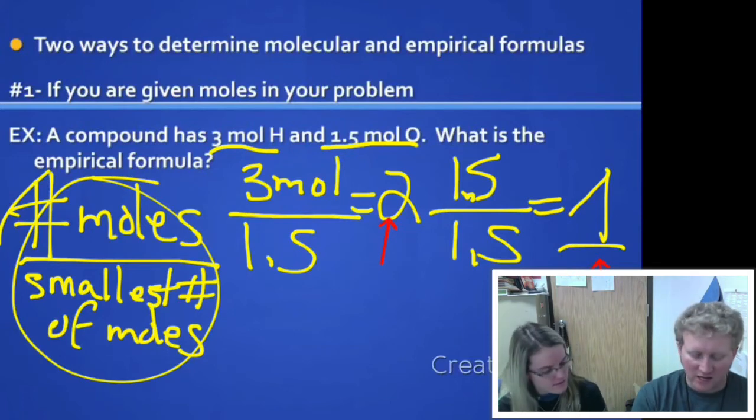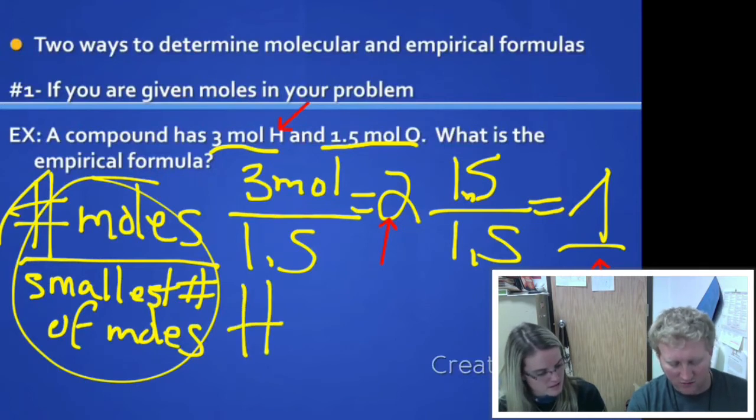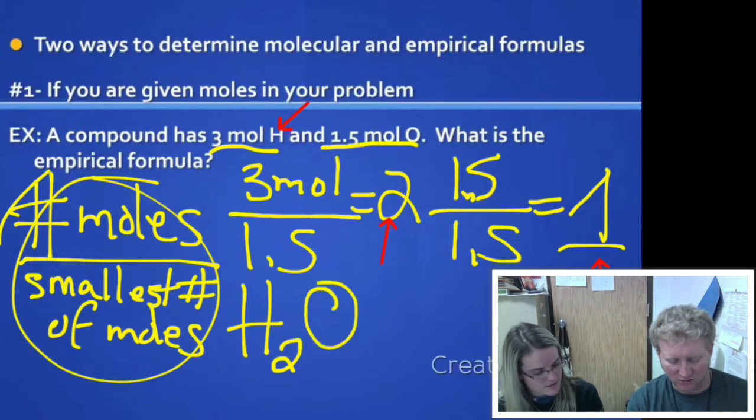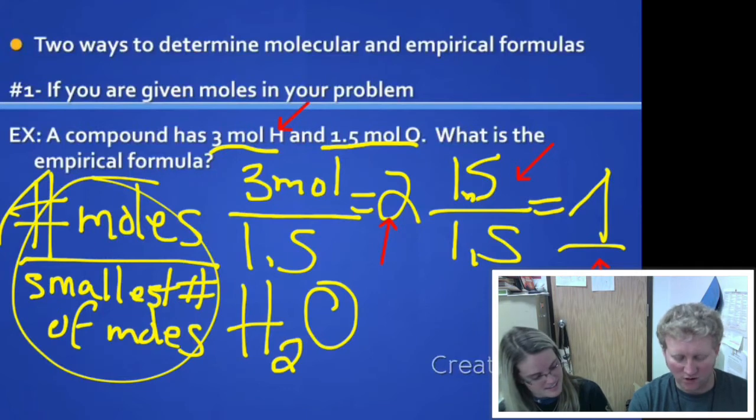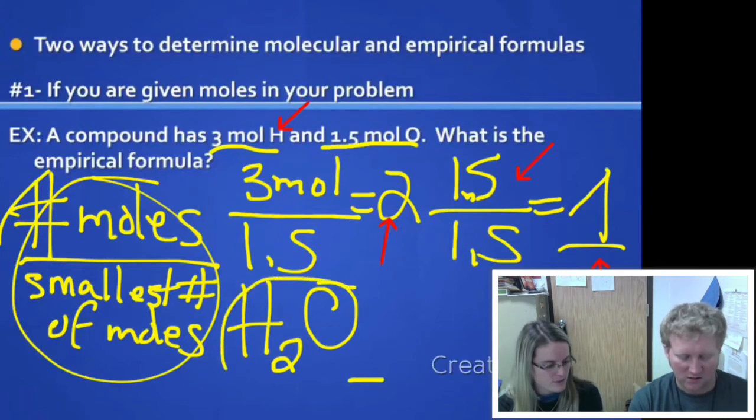Yeah, basically, which would also give us our subscripts. The 3 moles came from the hydrogen, so when we write our hydrogen, we had 2. And the oxygen, the 1.5 over 1.5, was our 1, so we don't have to write anything there. That means our empirical formula in this case would be H2O.